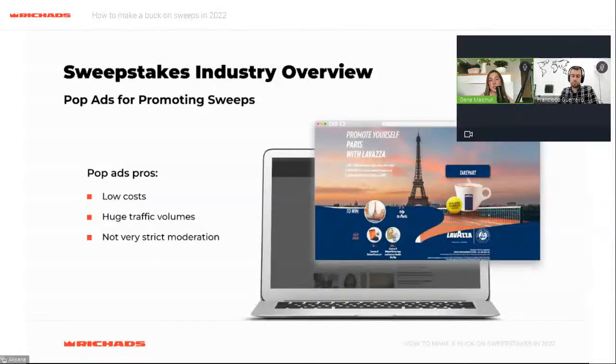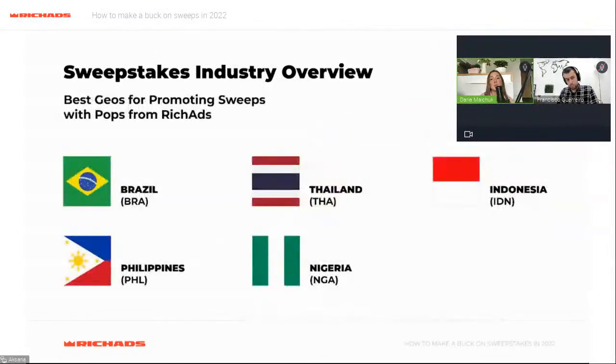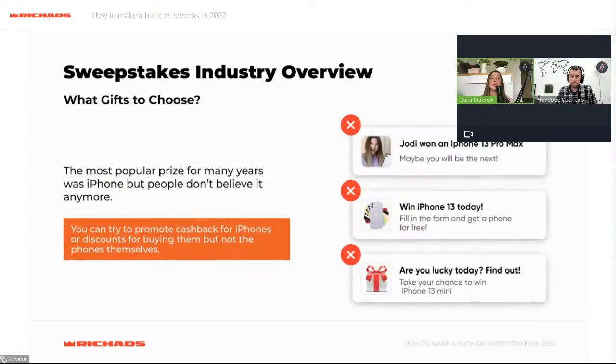Use pre-landing pages for sweeps to succeed. Here are the best geos to launch sweeps on pops from RichAds. For example, Brazil, Thailand, Nigeria. So now you can choose the traffic type that you like the most and find the best geos for it at RichAds. The next question is what gift to choose.